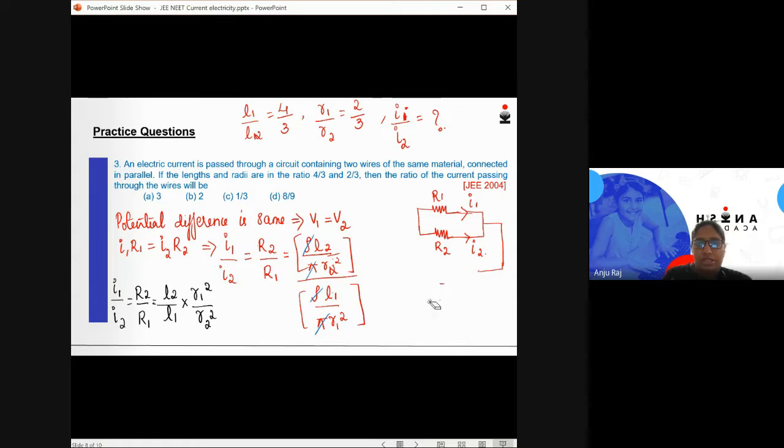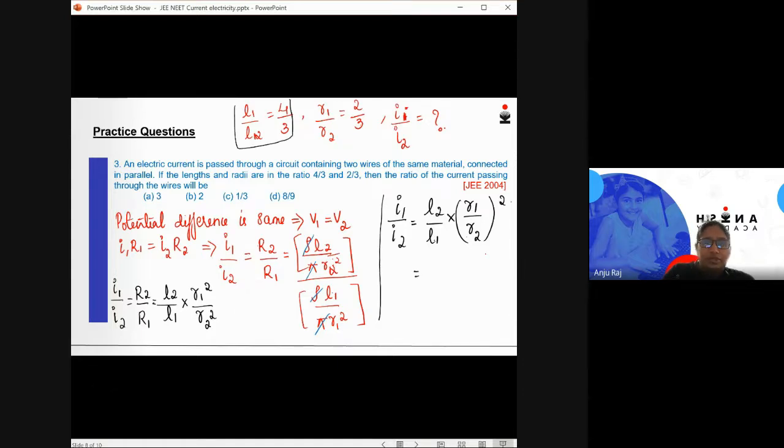Now let us see the remaining part. You just have to simplify further, substitute the ratio values that they have given, you will get the final answer. So I1 by I2 is equal to L2 divided by L1 into r1 divided by r2, let me write it as whole square. Now L2 divided by L1. They have given L1 by L2 is 4 by 3.